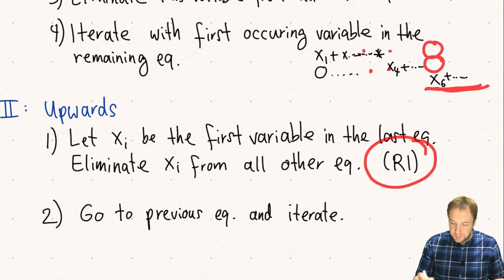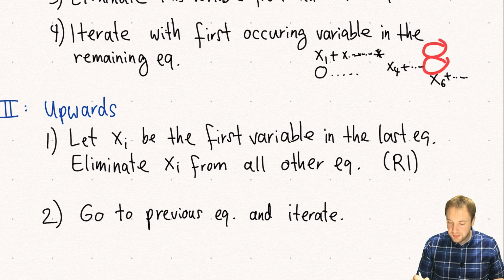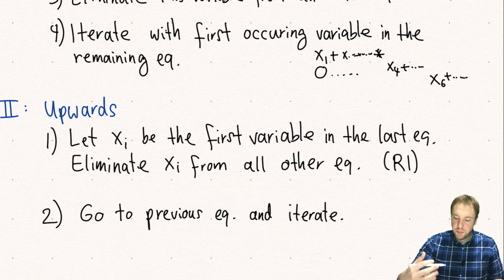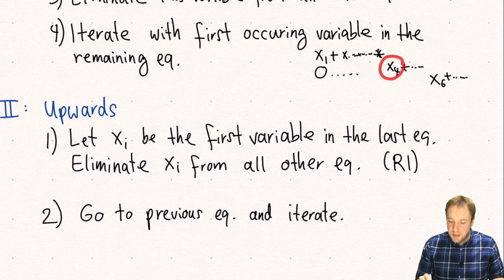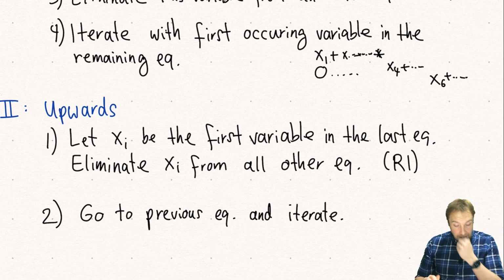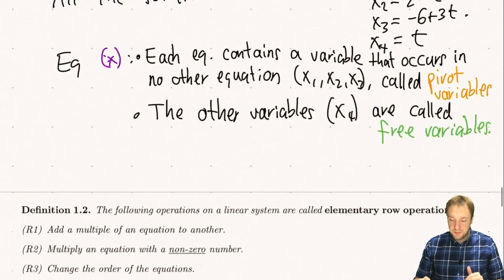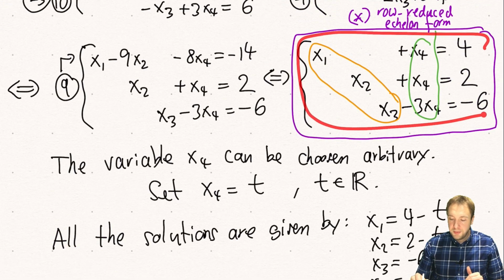So after this step, there's no x6 here, and then I go to the second equation. So I go to the one equation above, and I make sure that this x4 does not appear in the equations above. So I can also remove this x4 from this. And after doing this, we are actually in this situation like here.